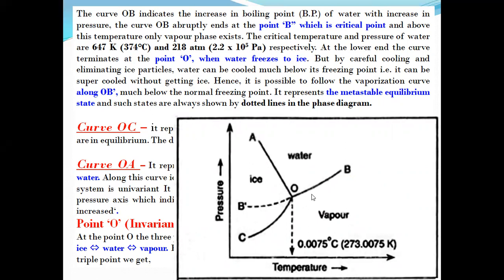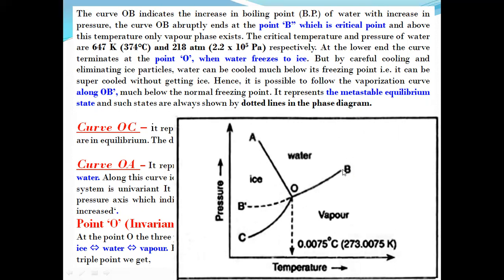The curve OB abruptly ends at the point B, which is called the critical point, and above this temperature only the vapor phase exists. So the water and vapor are in equilibrium up to point B, that means up to this pressure and temperature, above which only the vapor phase will exist.